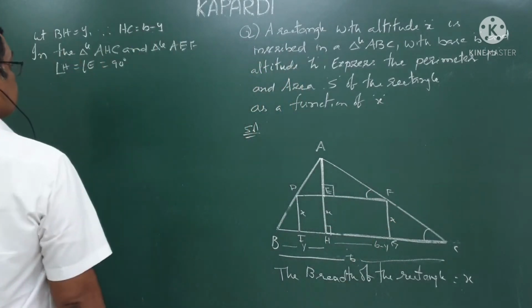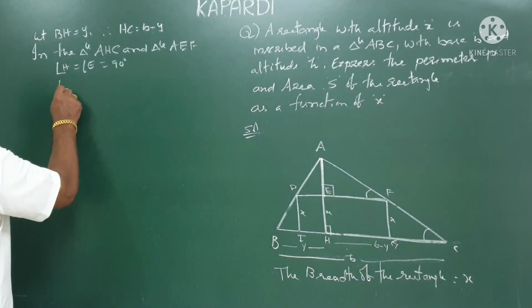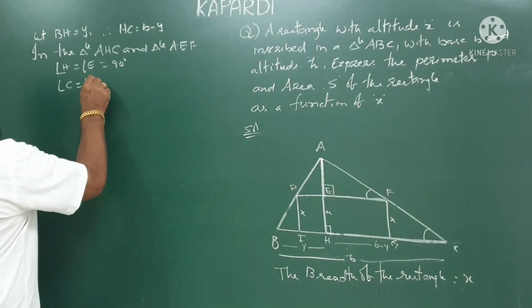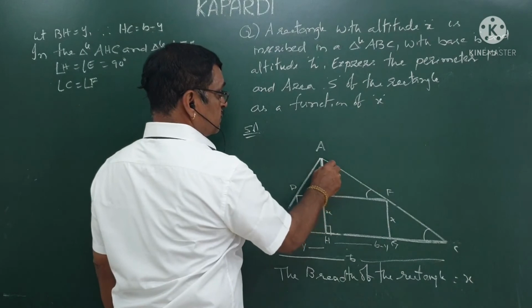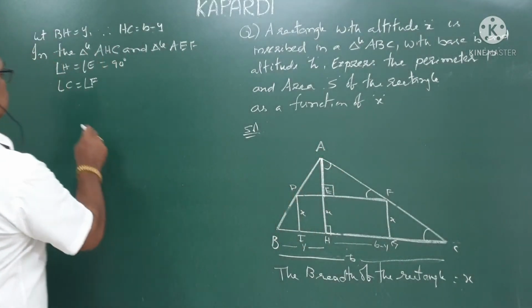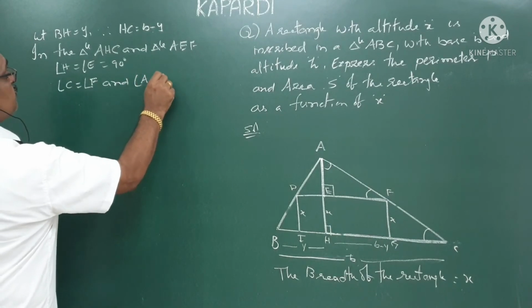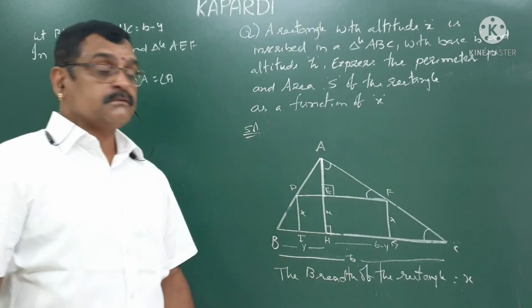Angle C is equal to angle F. And one more, this angle is common. Angle A is equal to angle A. So these two are similar.